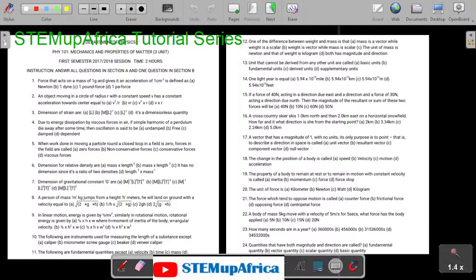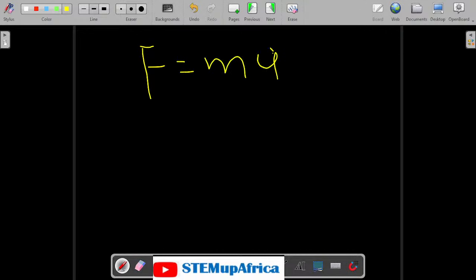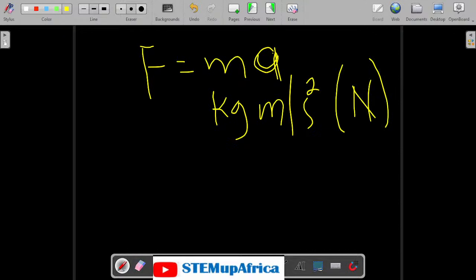So let's apply the formula of force we stated earlier, ma, mass times acceleration. If the unit of mass is kilogram and acceleration is meter per second square, this will give us 1 Newton as force, which falls under the basic SI units: kilograms, meters, and seconds.